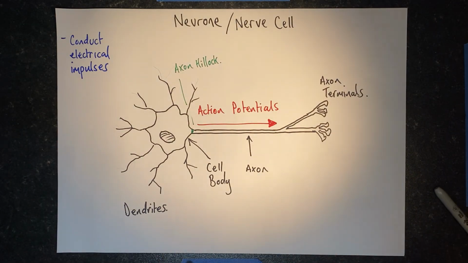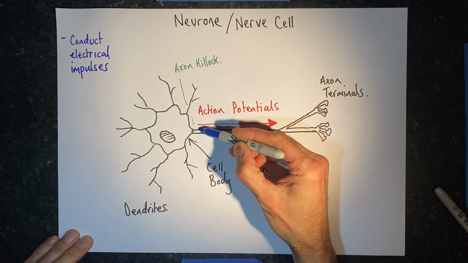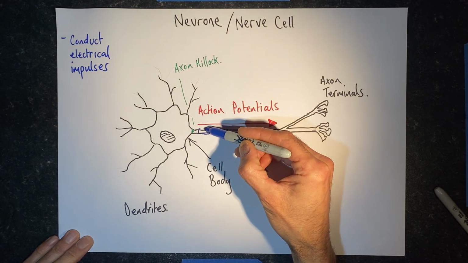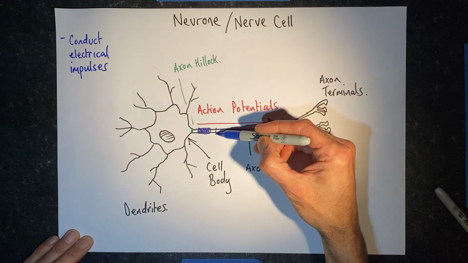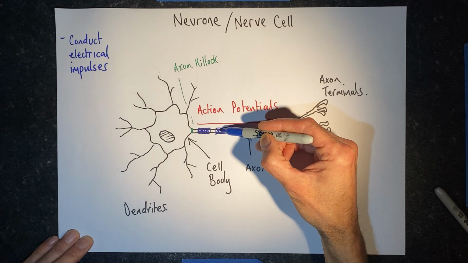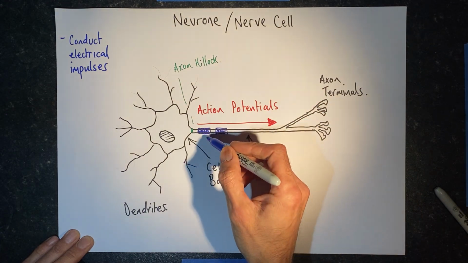Round the axon we will have cells known as glial cells. That's glial cells.